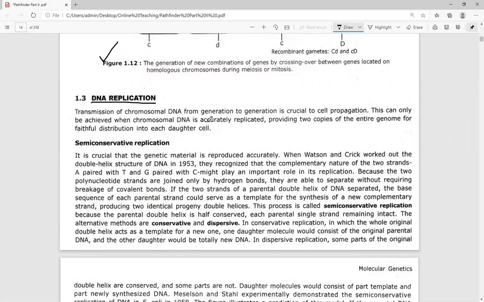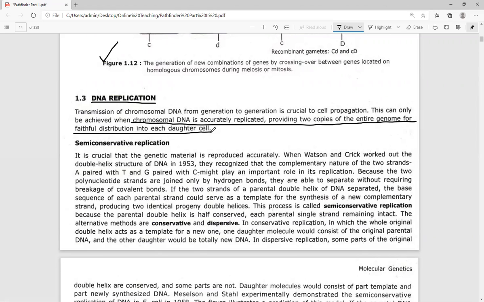When chromosomal DNA is accurately replicated, only then will it provide two cells the entire genome for faithful distribution into each daughter cell. Only when the genomic DNA has been replicated will the two daughter cells be produced.